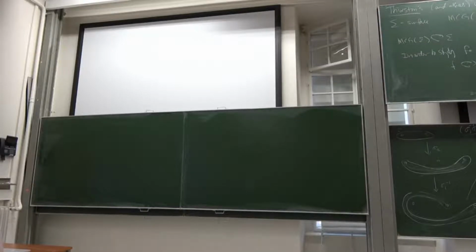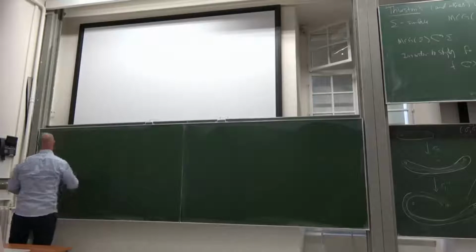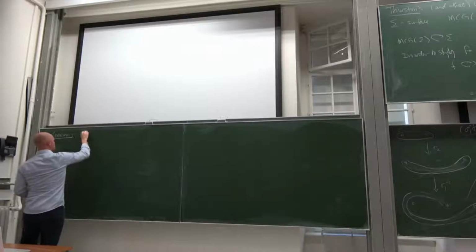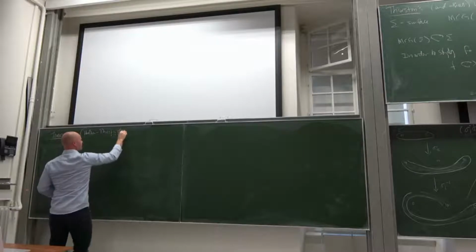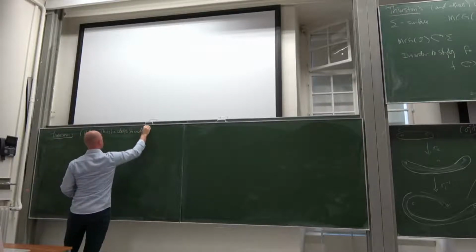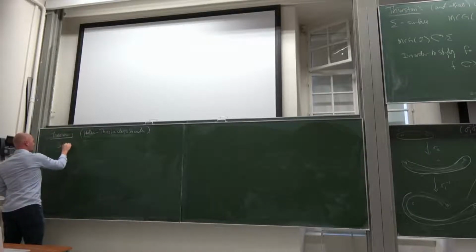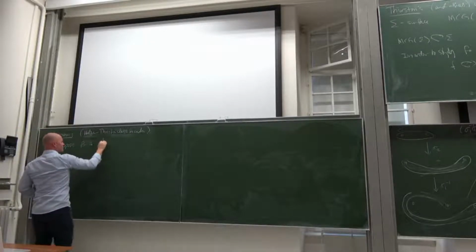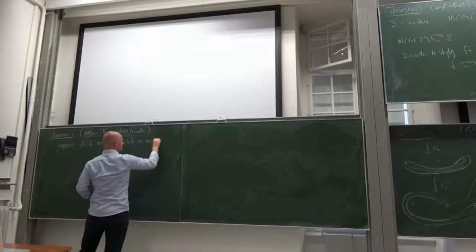So let me give you a theorem, and then I'll write down that definition. So this is the Nielsen-Thurston classification. Suppose beta is not reducible or periodic. I'll explain what that means in a second.